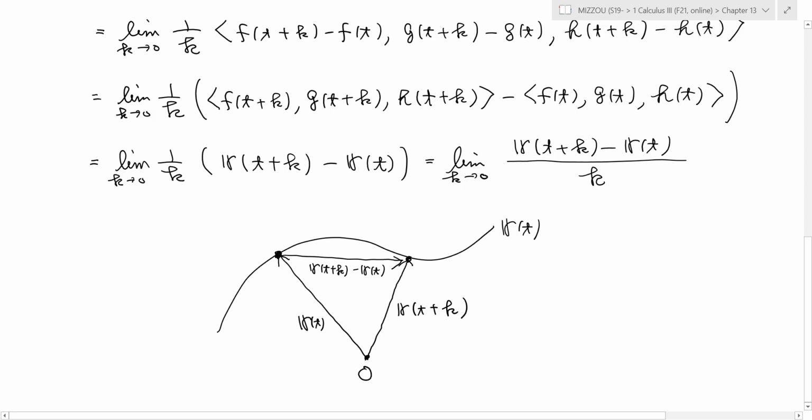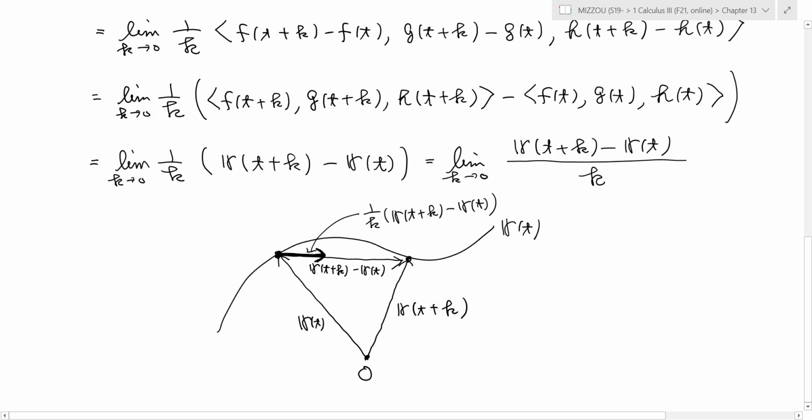Then you divide this by k, so you shrink this vector by the scalar k. This vector here is 1 over k times r of t plus k minus r of t. And then you take the limit.